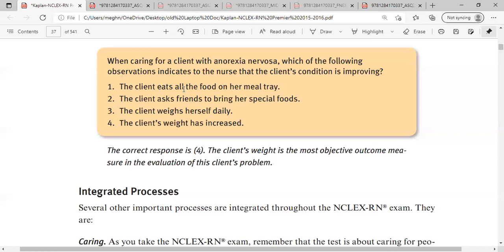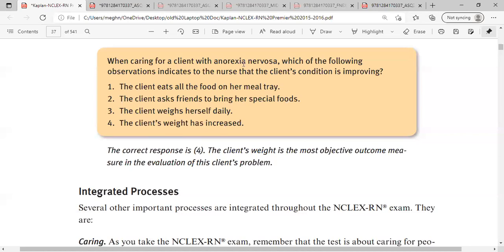The client asks the friend to bring her special food, and also the client weighs herself daily, and the client's weight has increased.